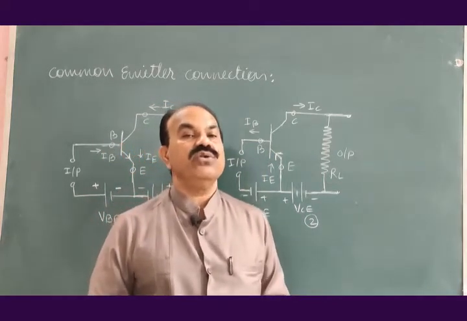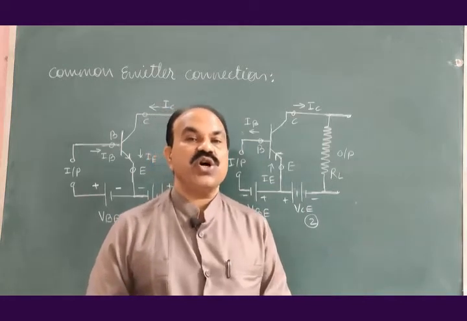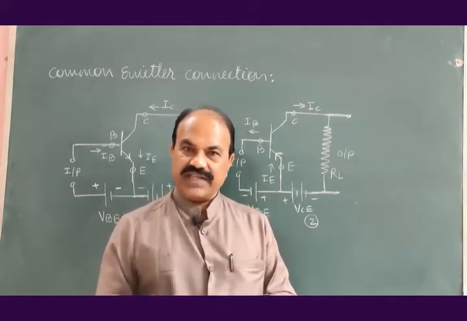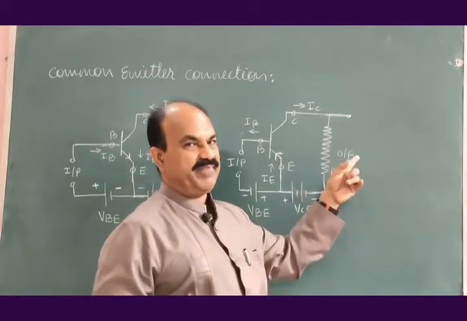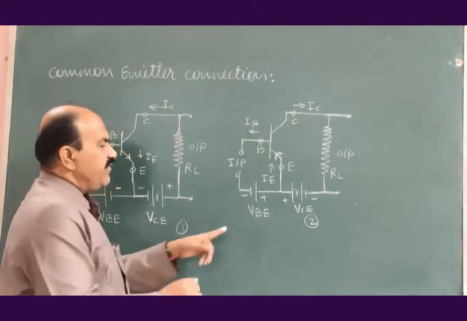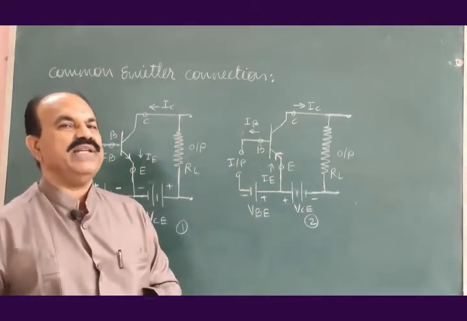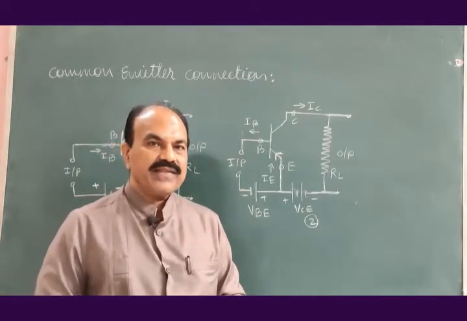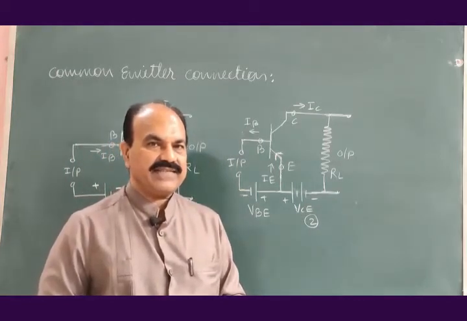After having known the circuit diagrams drawn for the common emitter connection of NPN transistor and PNP transistor in figure 1 and figure 2 respectively, now we have to go for the definition of current gain.